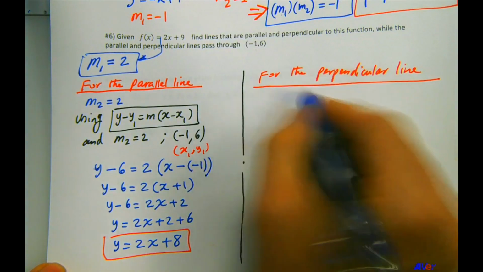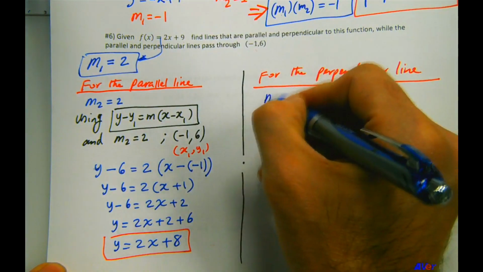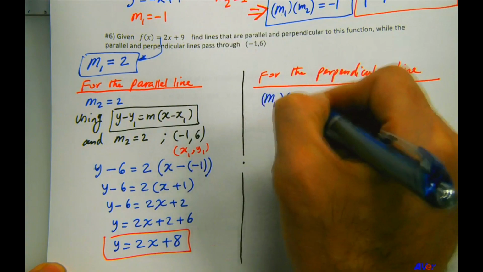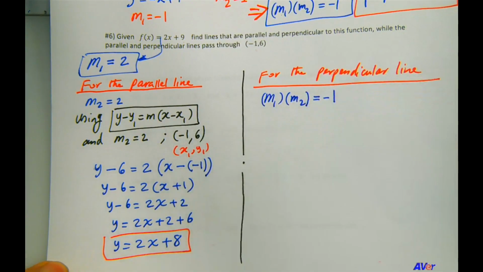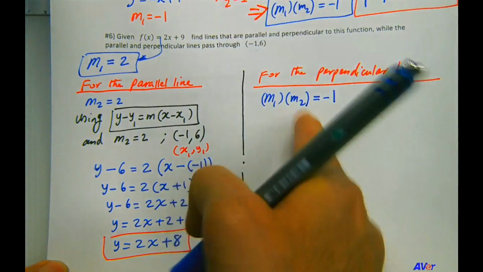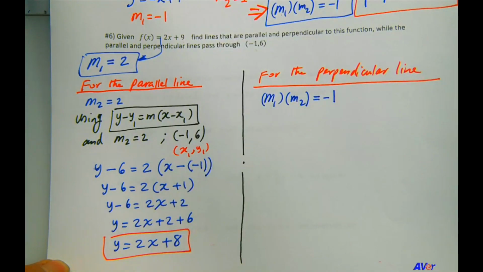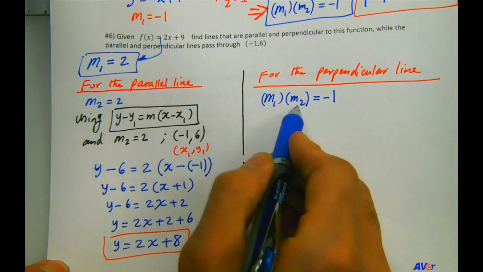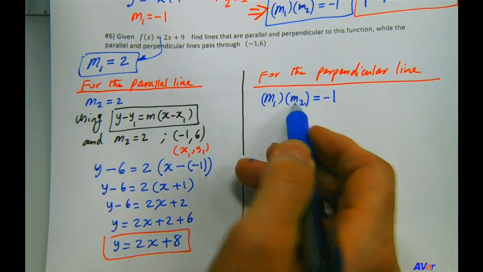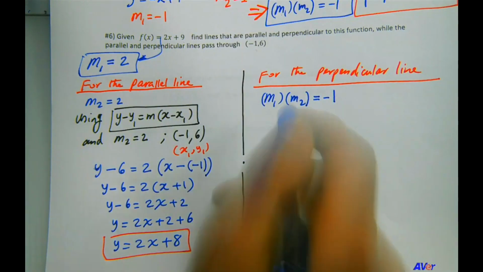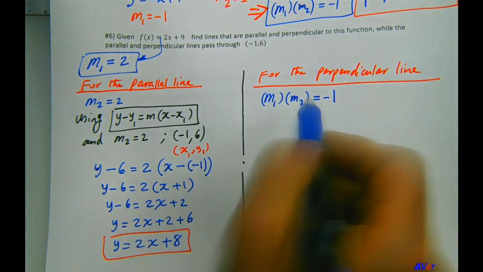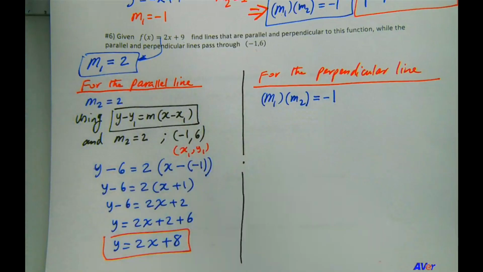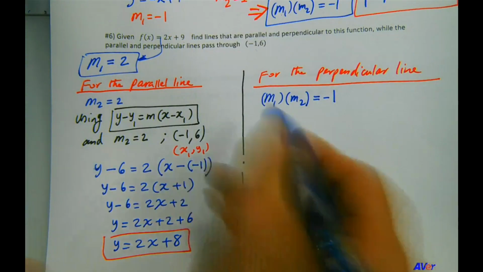So, for perpendicular lines, m1 times m2 must be equal to minus 1. That's the condition for perpendicular lines, right? So let's plug in and solve for m2. I mean, you can readily see m2 should be minus 1/2, right? Because minus 1/2 times 2 is negative 1. But if you don't see it right away, just plug in.